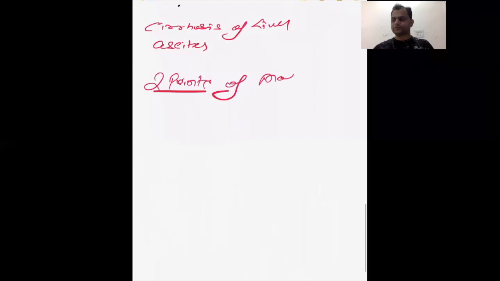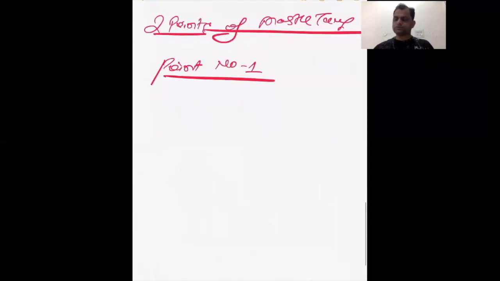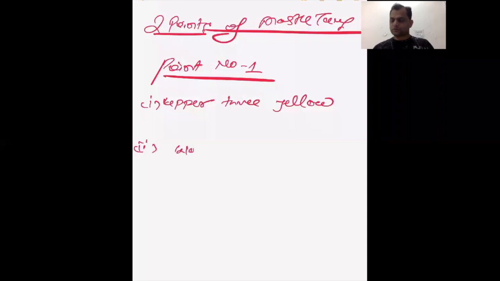Point number one was upper three yellow. And point number two was wood inflammation.